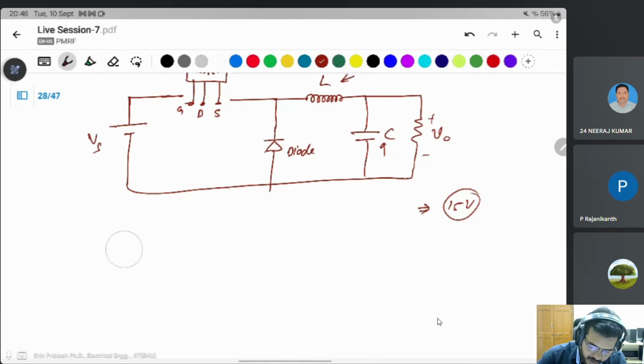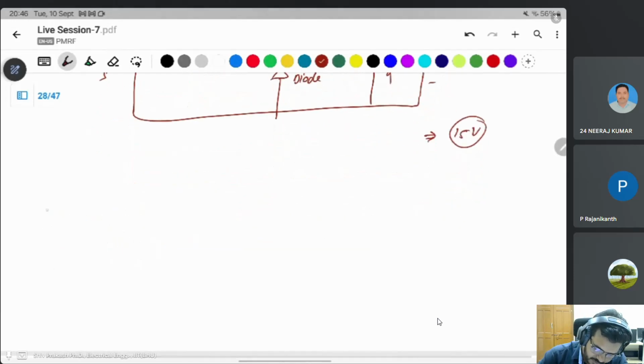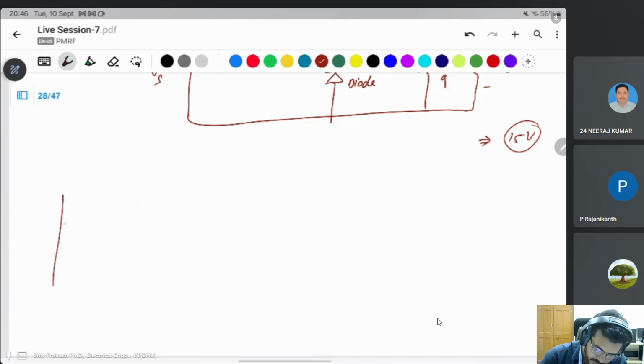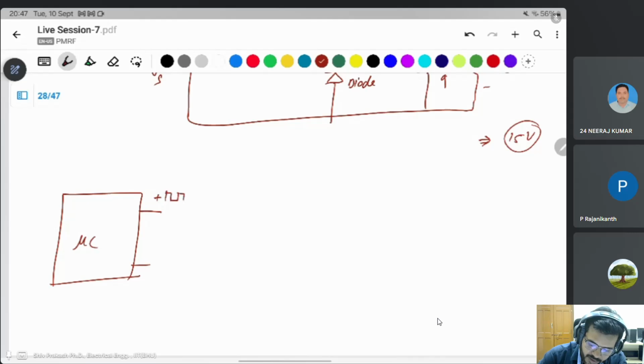Okay, fine. Suppose there is a microcontroller. There are two signals: the positive, which is the gate pulses generated from the microcontroller, and the second is the ground.